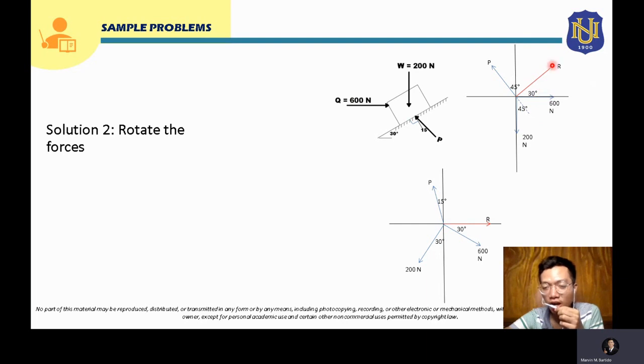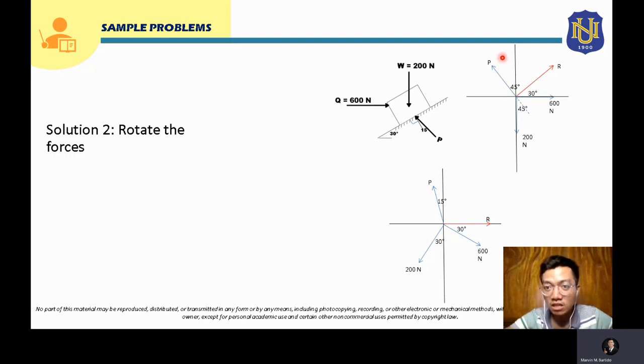So if we rotate r to be in the x-axis, all of the forces must be rotated in the same rotation and the same angle. So it will be rotated clockwise through the x-axis by 30 degrees. So we have to rotate also your 200 Newton force 30 degrees clockwise. So it will be moved from here, and also your P, it should also be rotated 30 degrees counterclockwise.